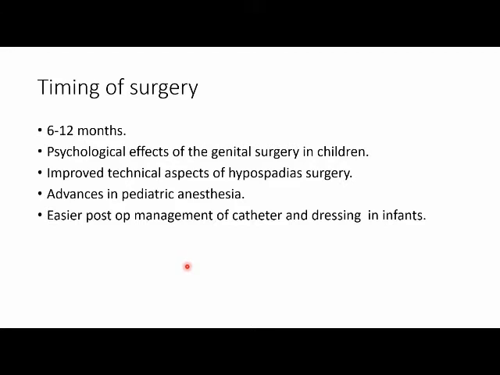With improved technical aspects of hypospadias surgery, optical magnification and the advent of pediatric anesthesia, it is possible to do such surgeries at an earlier age, especially at 6 to 12 months. Another advantage is that postoperative management of the indwelling catheter or urethral stent and dressing is easier when compared to older children.